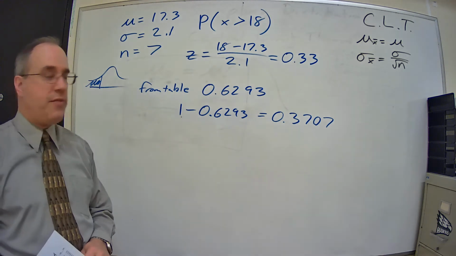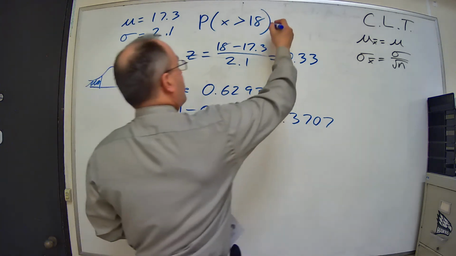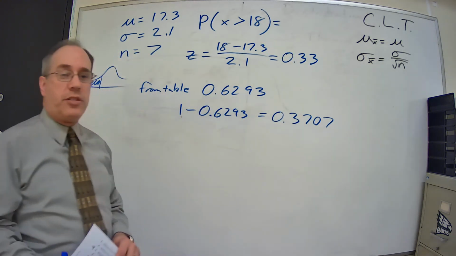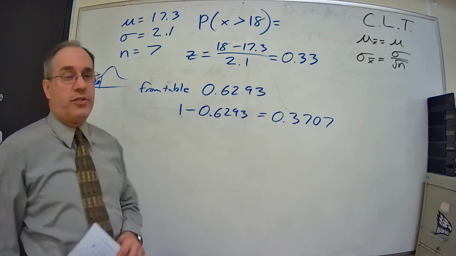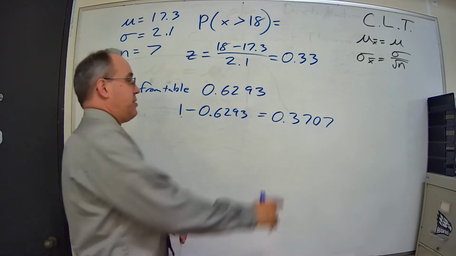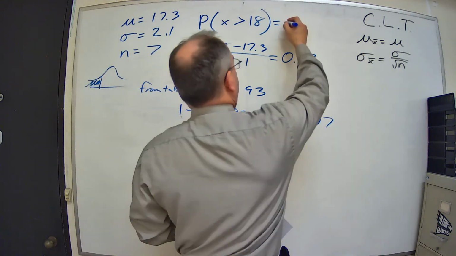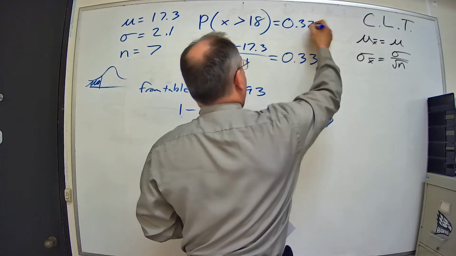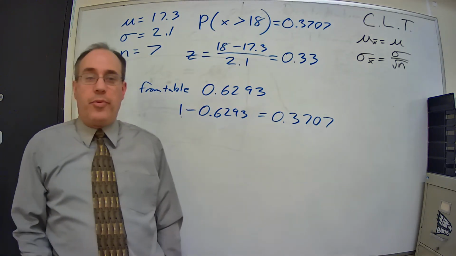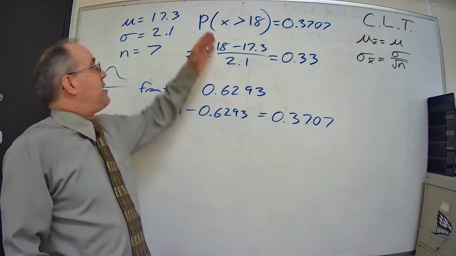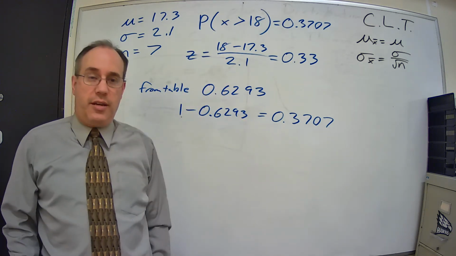So the probability that we randomly select an individual item that is greater than 18 is 0.3707. That's the probability that an individual item has a value greater than 18.